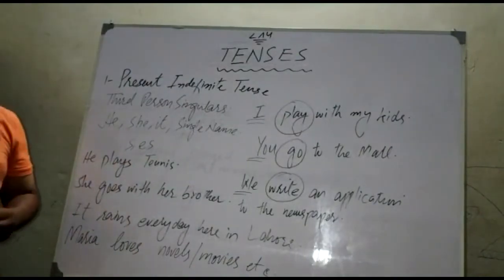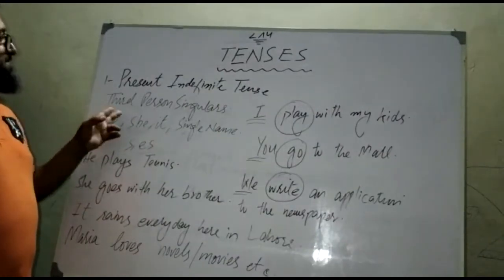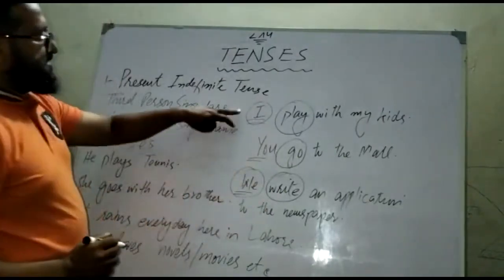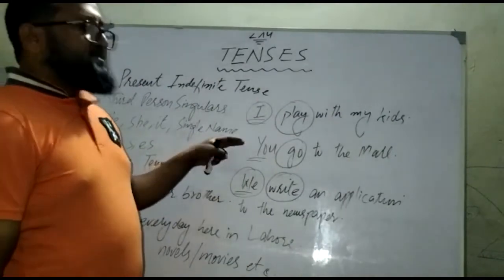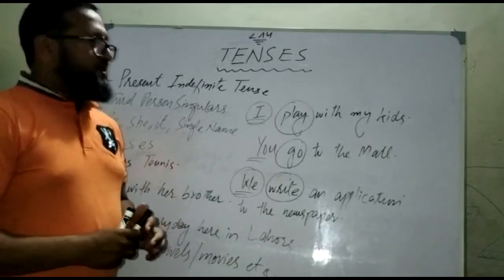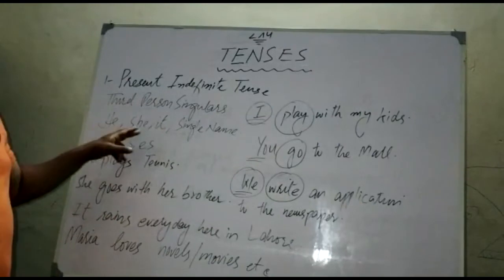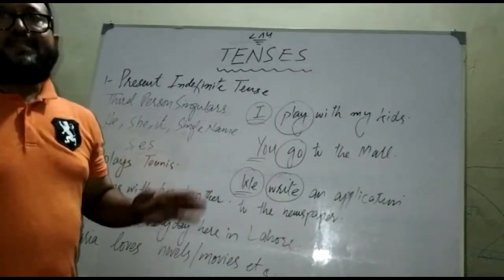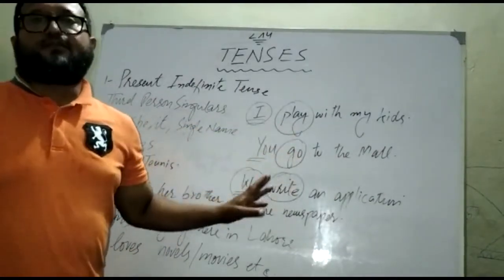So the change here is about the third person singular. You must know I and we: I is first person singular and we is first person plural. You is second person, and you can also be used as second person plural. So you is second person, this is first person, and these are the third person. Whenever you add third person in your sentences, in your writing, you must add s or es with the verbs.